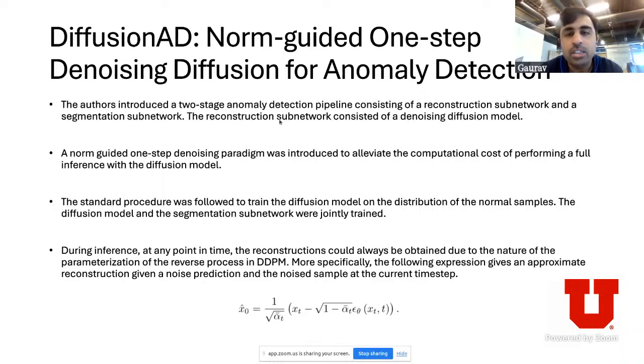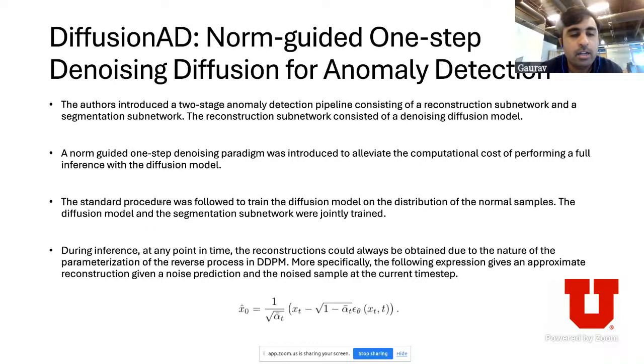The reconstruction subnetwork consisted of a denoising diffusion model. A norm-guided one-step denoising paradigm was introduced to alleviate the computational cost of performing a full inference with the diffusion model. So instead of a full iteration of the reverse process, they are basically only doing a two-step denoising. There are just two steps that they're using.